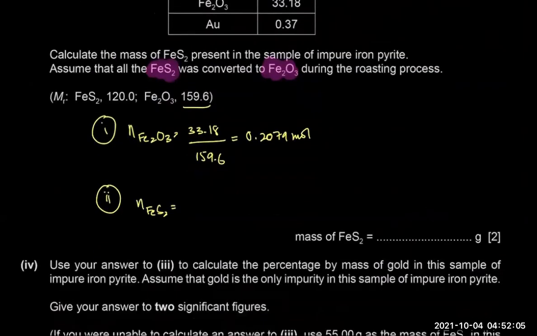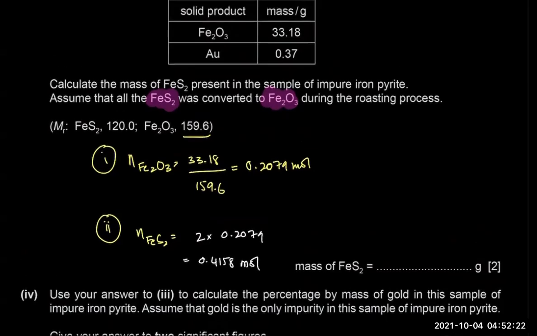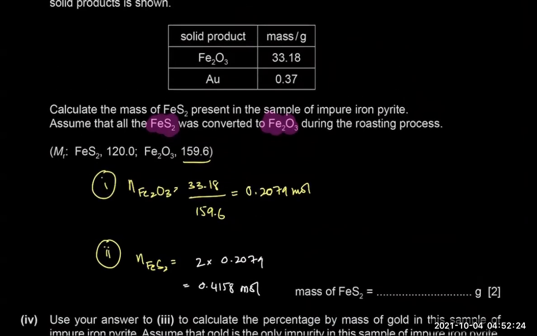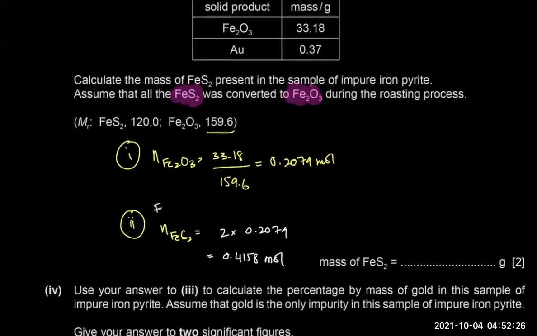So the number of moles of FeS2 is just twice as many. 2 times 0.2079, which is 0.4158 moles. Again, I'll just write this down. We know that FeS2 to Fe2O3 is 4:2, so 2:1. So we just have twice as many moles of this.